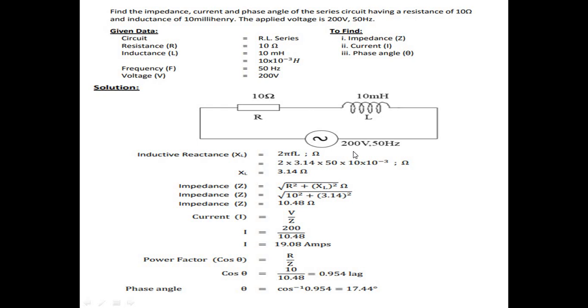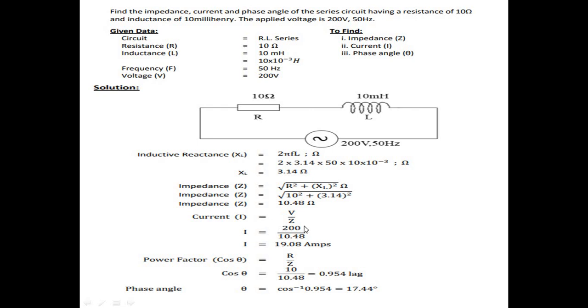Inductive reactance XL is equal to 2 pi fL, 2 into 3.14 into 50 into 10 into 10 to the power of minus 3. Here XL is equal to 3.14. Then impedance is equal to root of R squared plus XL squared, 10 squared plus 3.14 squared, so impedance is equal to 10.48.